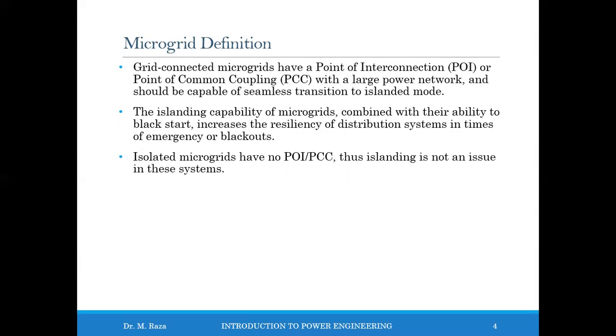Note that the islanding capability of microgrids combined with their ability to black start increases the resiliency of the distribution system in times of emergency or blackouts. Isolated microgrids have no PCC, thus islanding is not an issue in these systems.